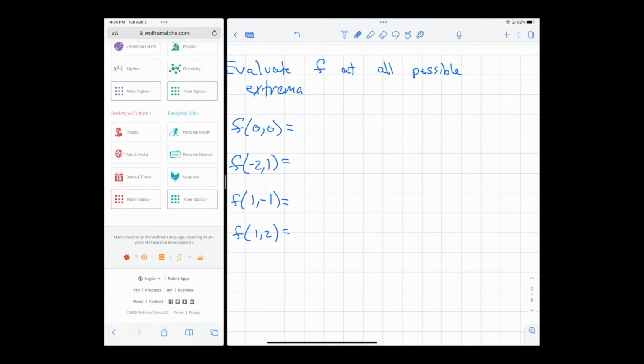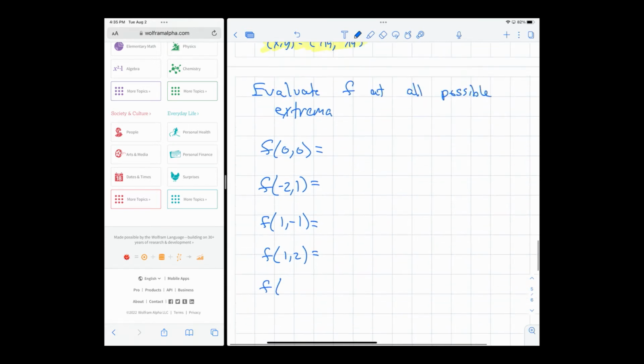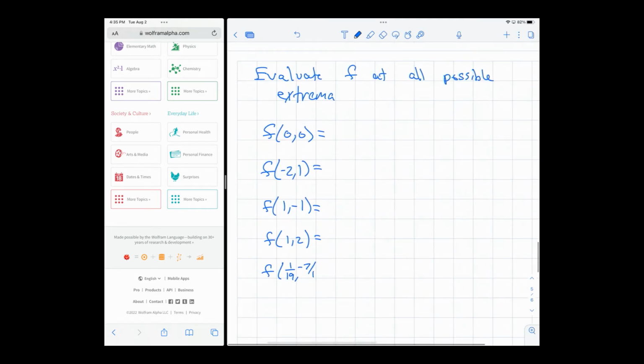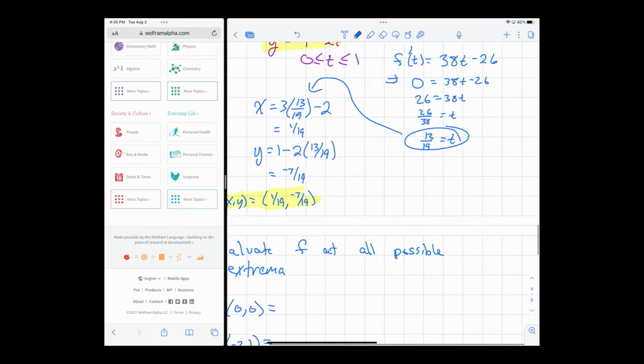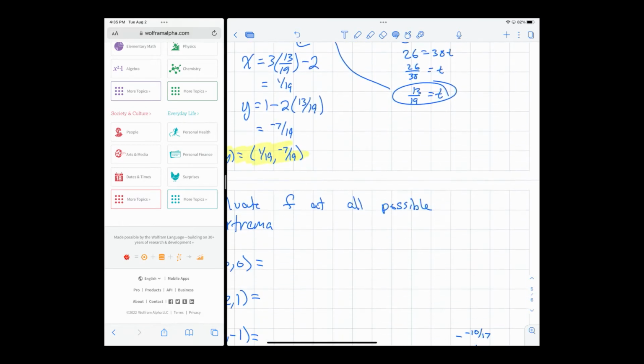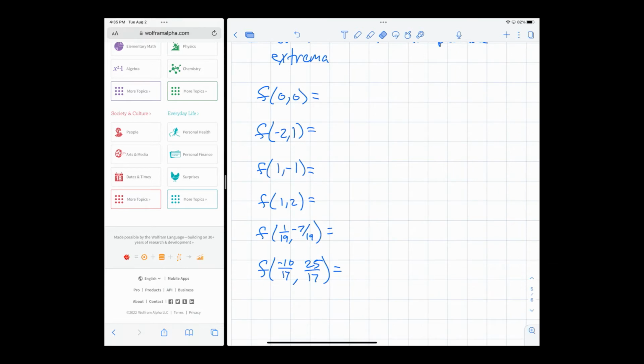And then also those extra points we found along the boundary are places to look. So like the one we just found was 1 over 19, comma, negative 7 over 19. That's one. And then also there was the one we previously found, which is up here. Okay, so those are the possible locations of the minimums and maximums.